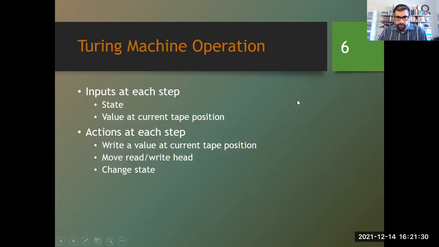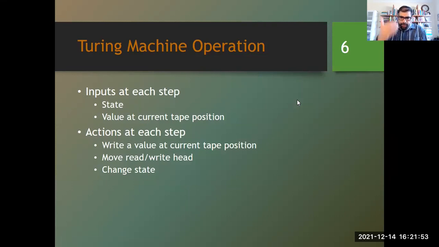So this is the Turing machine operation. You can see from the slide that it simply means that you are executing an algorithm. So there's an input at each step. That defines the state of the machine, which means there is a value at the current tape position.